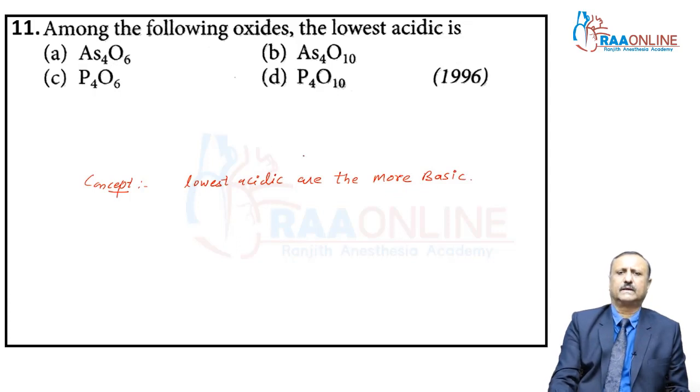So, my dear students, more basic compounds means metalloid oxides are the more basic.